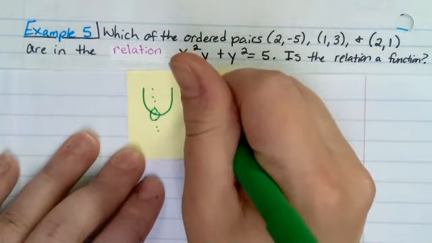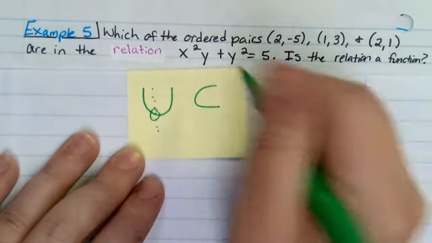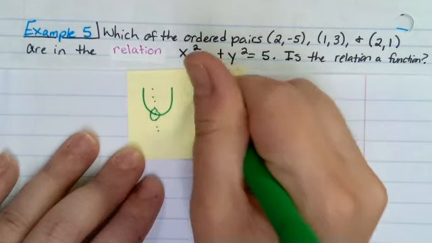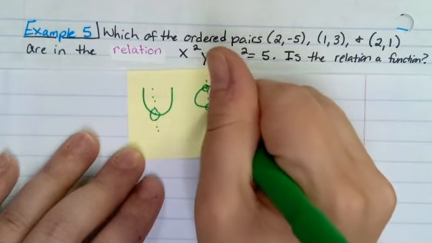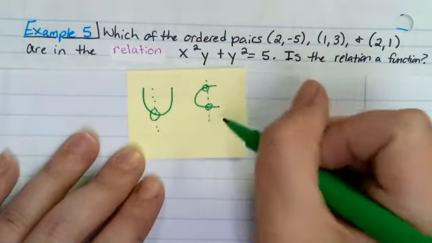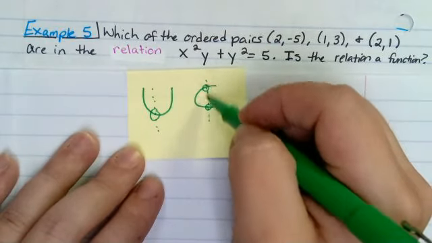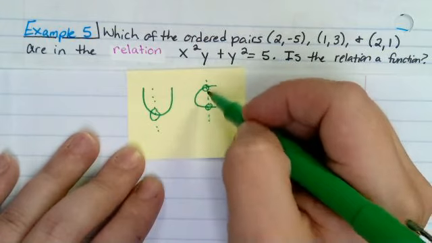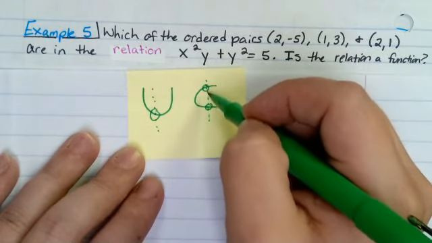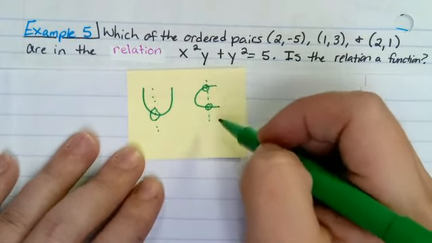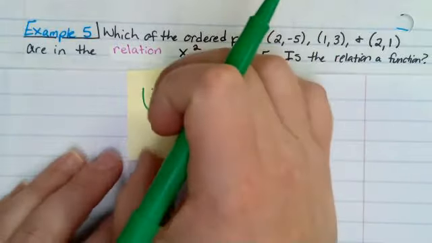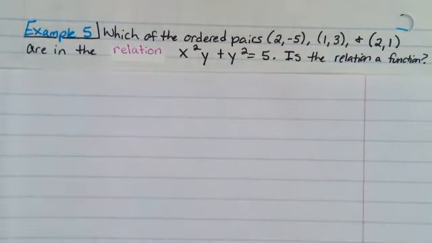Whereas if you had a sideways parabola and you drop a vertical line, it hits twice because not every single input had one output. If I look at the X value where this is, that X value actually had two different outputs, two different Y values. And so that made it not a function. So sometimes relations are functions, but not always.